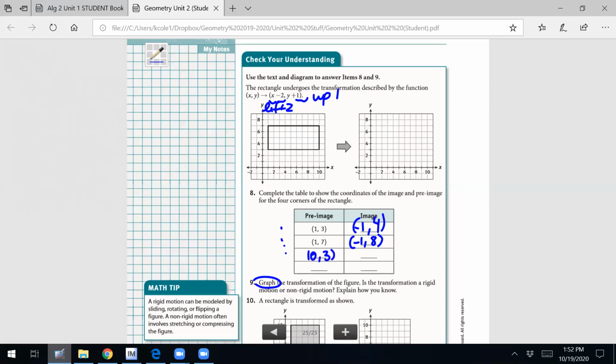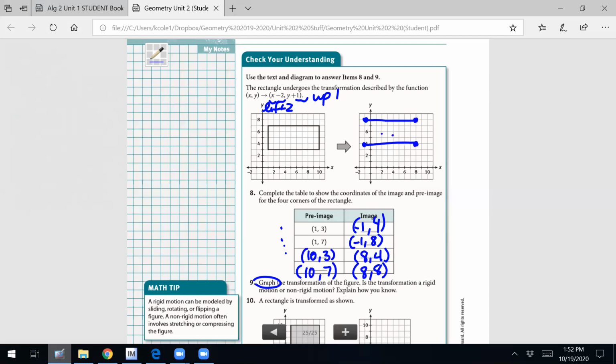And then where does it go to? 8, 4. Okay, again, when you do yours on your own, if you choose to forego the table, that's fine. But for this one, we needed to show it just because they gave us the blanks. So negative 1, 4, negative 1, 8, 10, 4, no, 8, 4, sorry, 8, 4, and 8, 8.